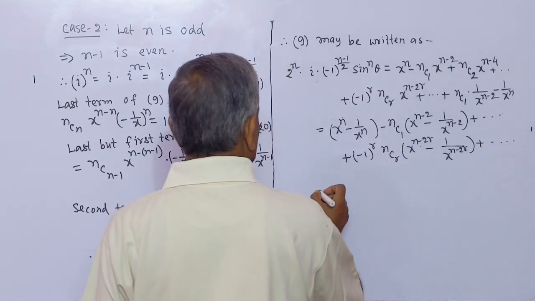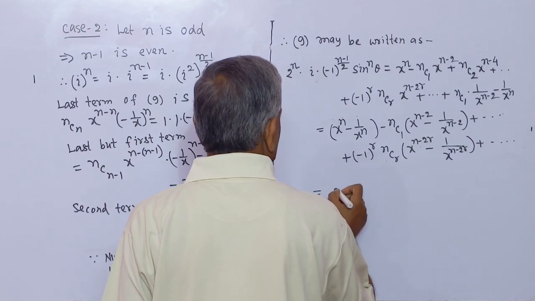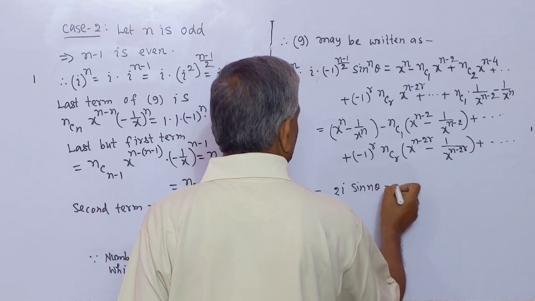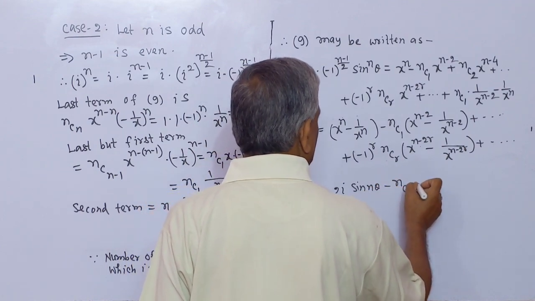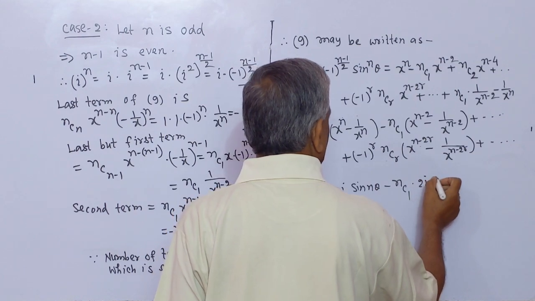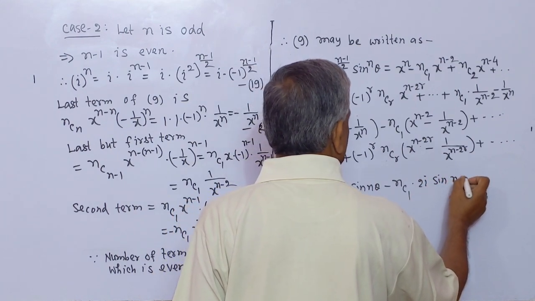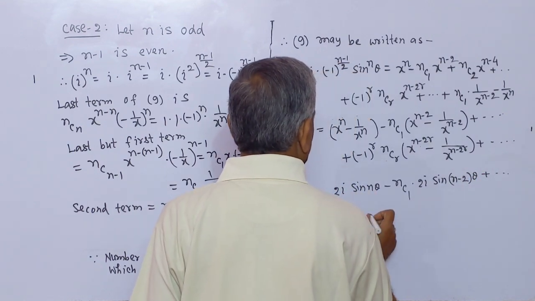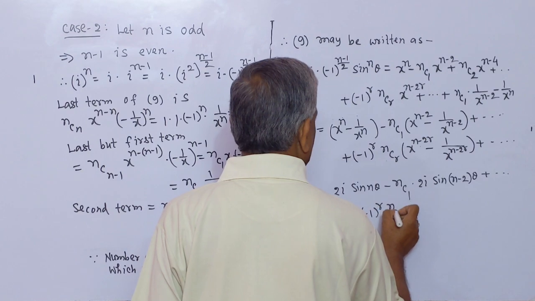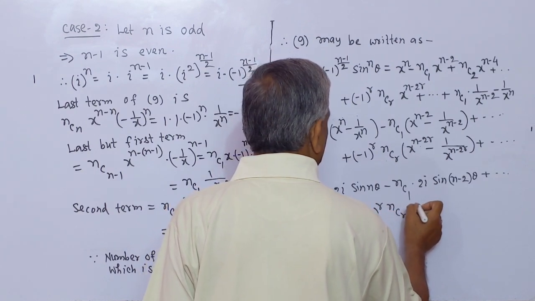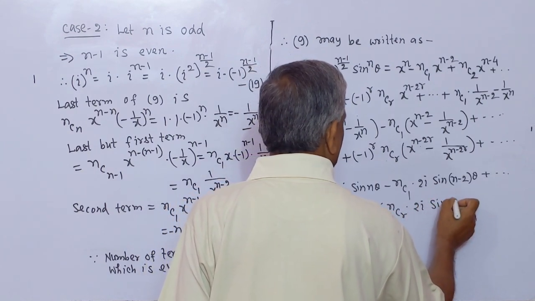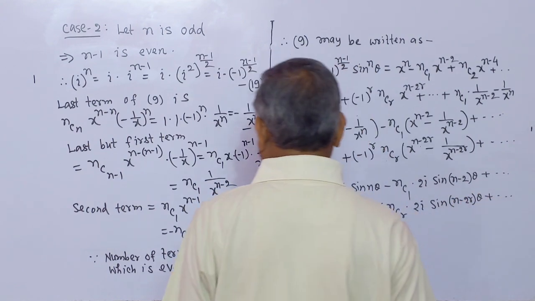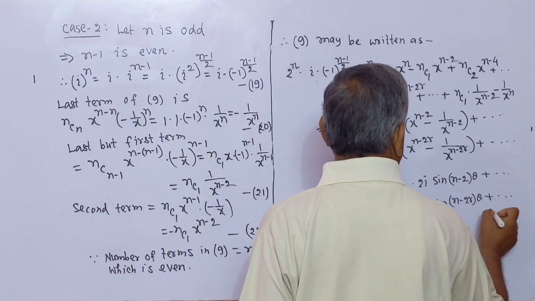This is equal to 2i sin n theta minus nC1 multiplied by 2i sin n minus 2 theta plus dot dot dot plus minus 1 to the power r nCr multiplied by 2i sin n minus 2r theta plus dot dot dot. This is number 23.